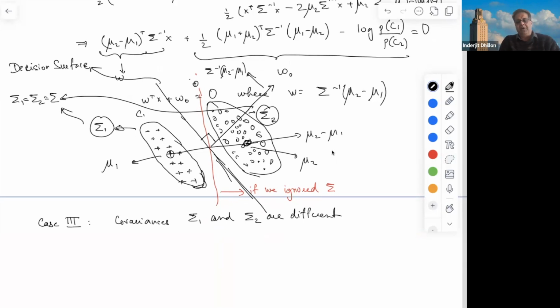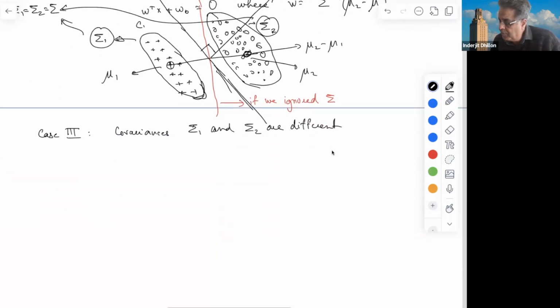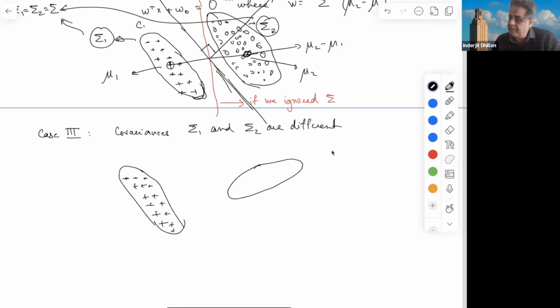So sigma 1 could be, maybe the points in class C1 are distributed like this, as before. And maybe sigma 2 is totally different. Maybe it's distributed like this.